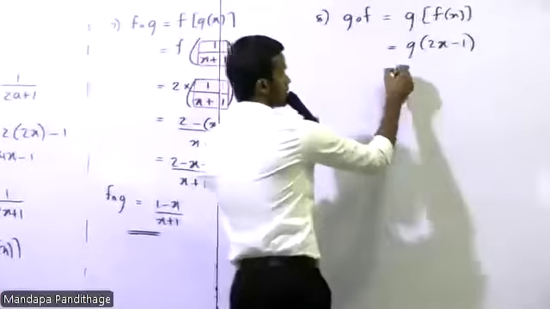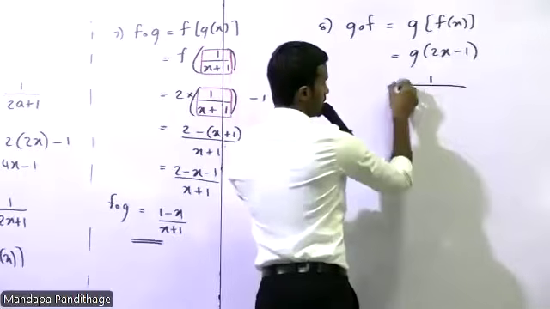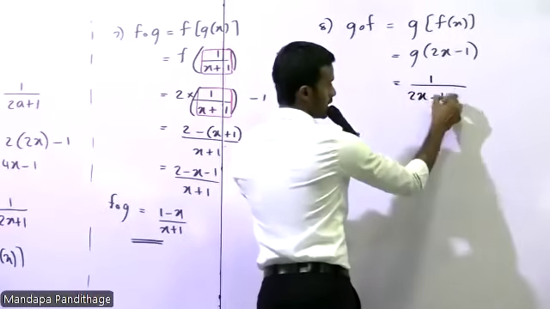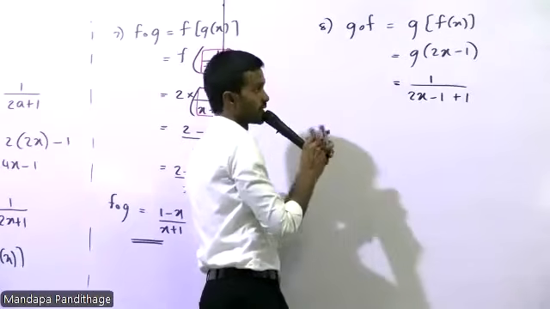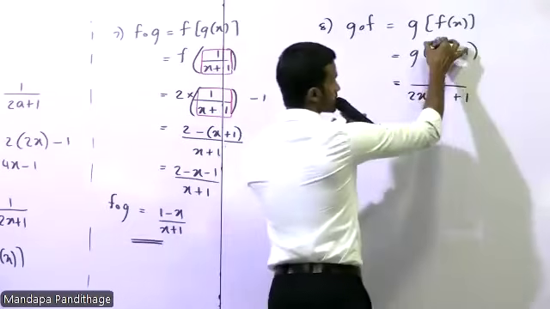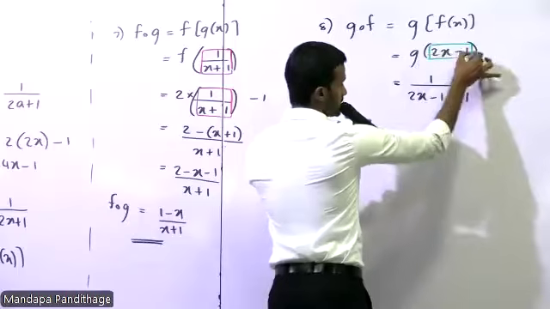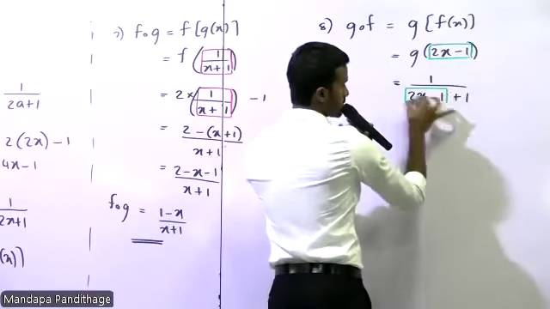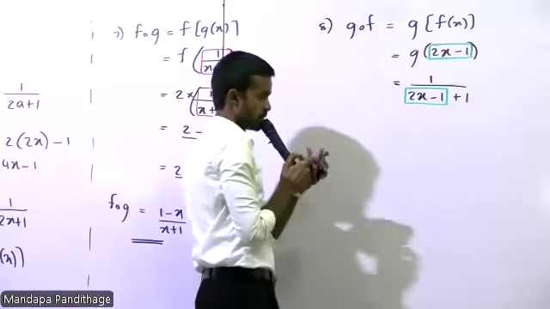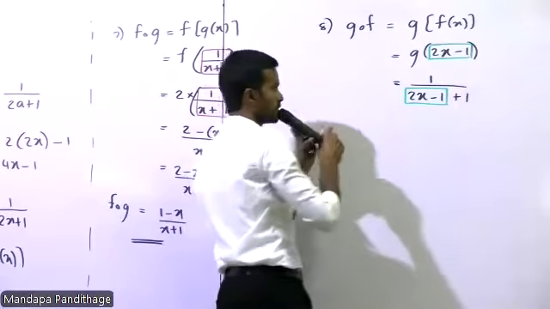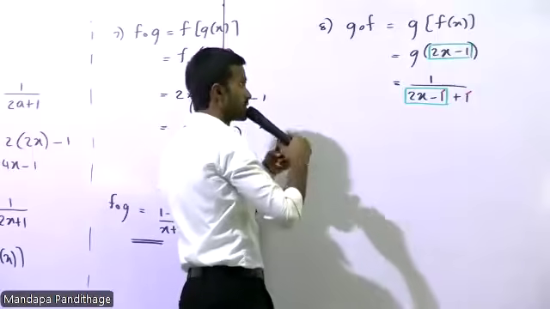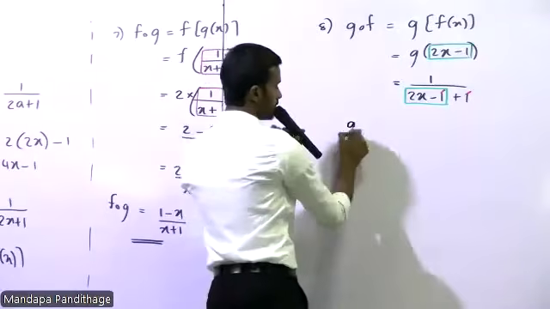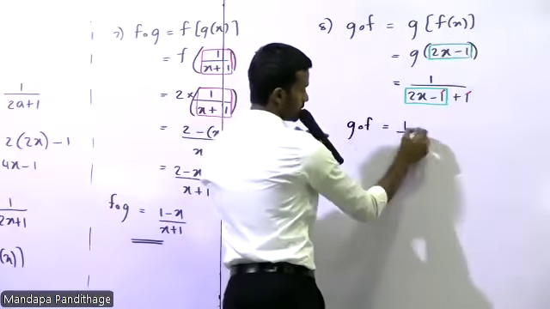That means it's 1 over 2x minus 1 plus 1. So minus 1 plus 1 cancel off. I get 1 over 2x. So g naught f is equal to 1 over 2x.